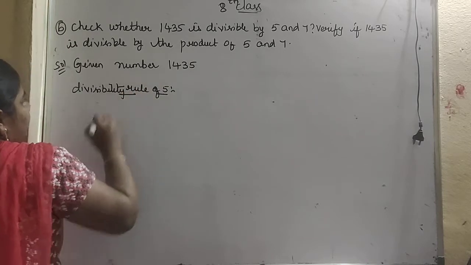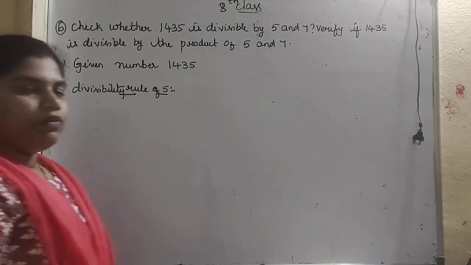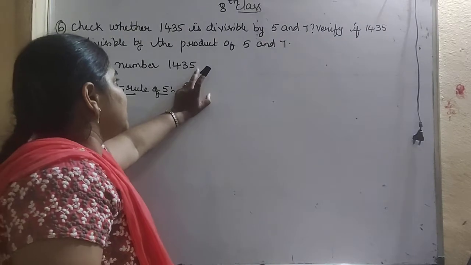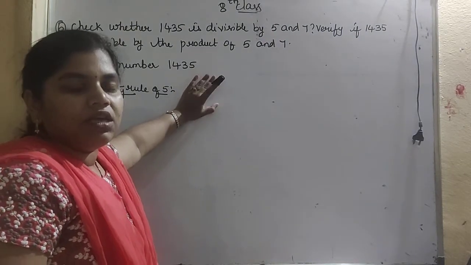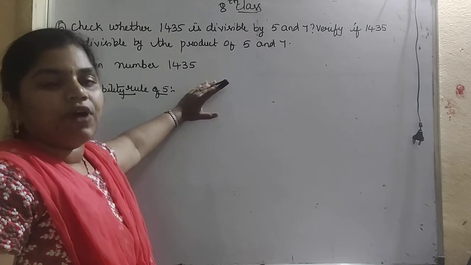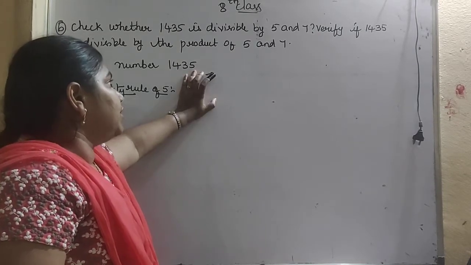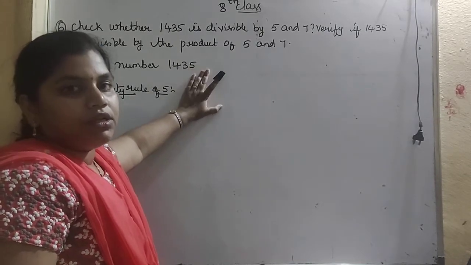What is the divisibility rule of 5? The last digit should be 0 or 5. If you see the last digit here, it is 5, so it is divisible.